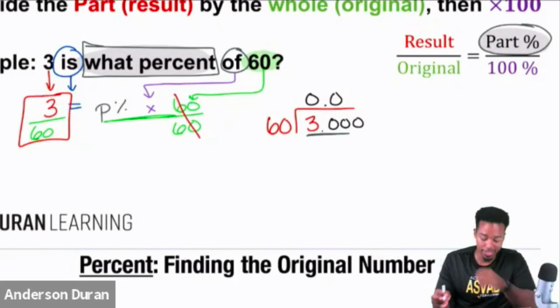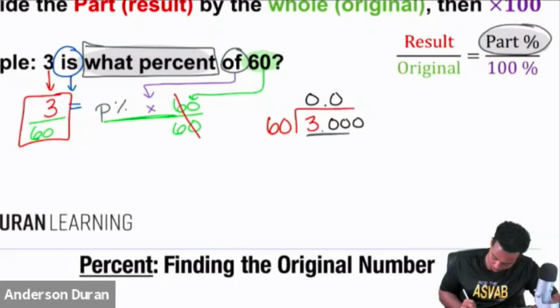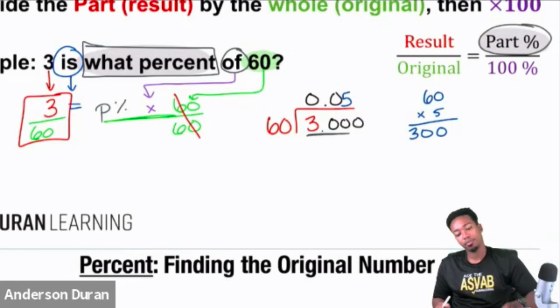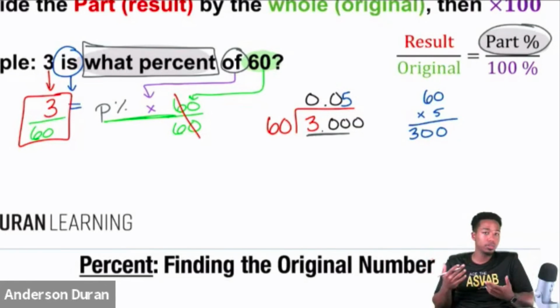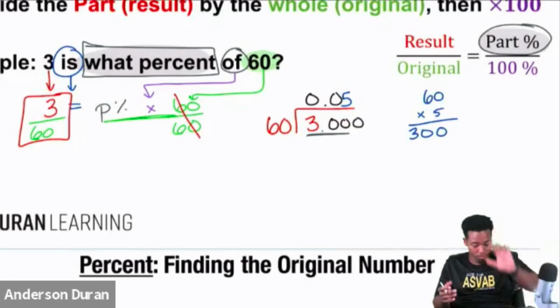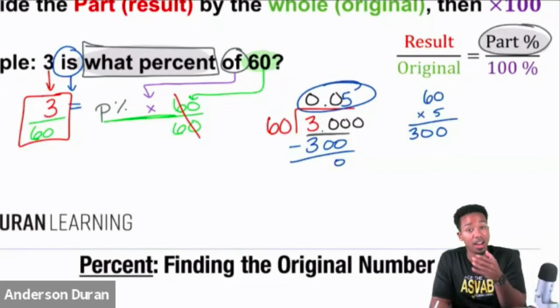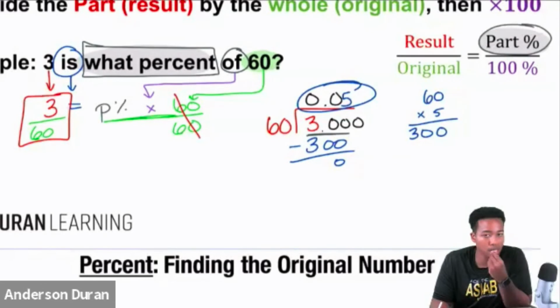Yep, it's going to be 5 times, because 60 times 5 is 300. So 60 goes into 300 5 times. When we subtract that, all good, and we have 0.05. Watch this, everybody.